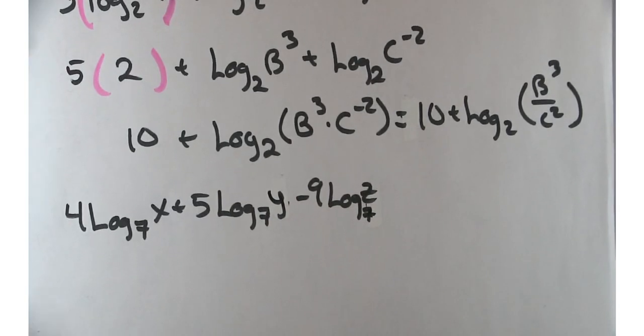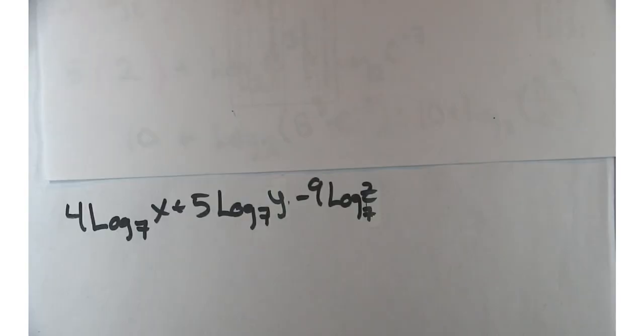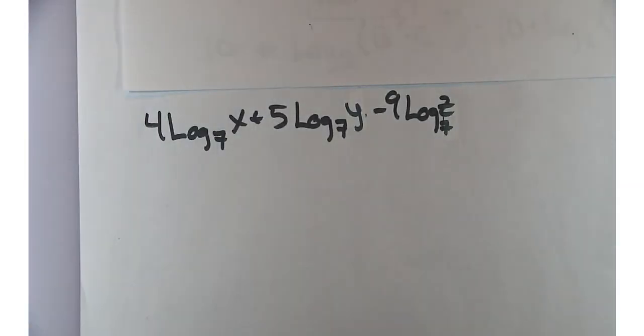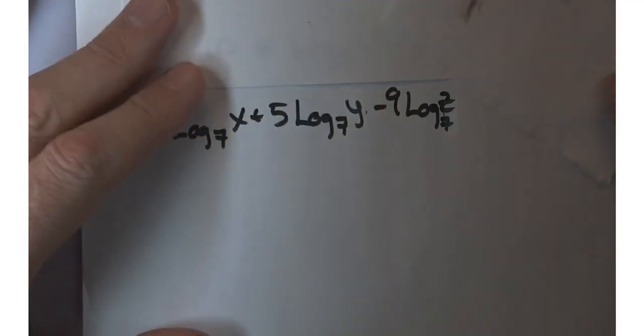Okay, so try and pull that one together, kind of like what we did with the previous one. See what you can come up with on that. Like I said, if you're watching this at home, pause the video and try and solve it yourself.